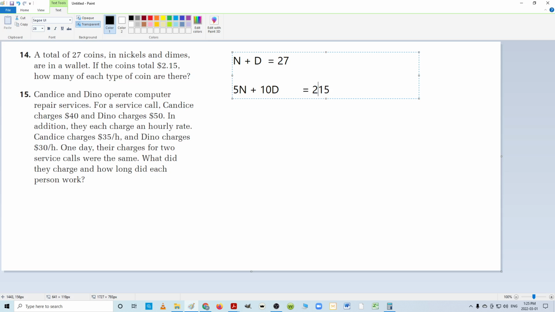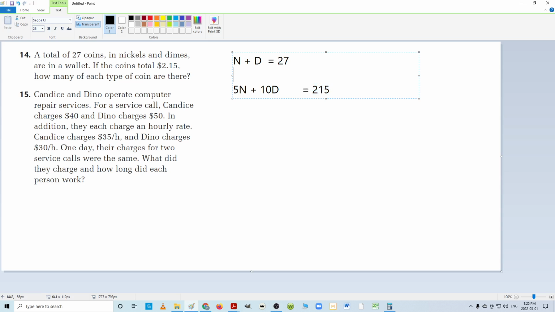Or, if I don't change it to 215, I have to make sure that I don't multiply by 0.5, but 0.05 and 0.10, like that. So I'm going to multiply this all by 100, and I get 5 and 10 and 215. Because you're either working in pennies or dollars, so you have to make the right ratios.